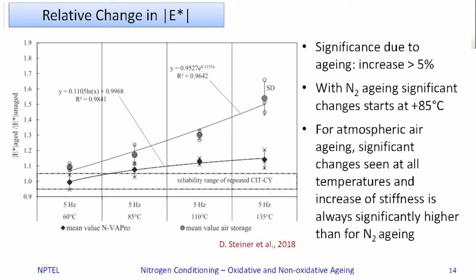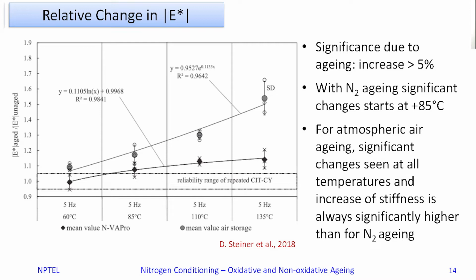So this figure shows the relative change in dynamic modulus, or the ratio of the dynamic modulus of the aged specimen to the unaged specimen. And here, the test conducted at 5 Hertz frequency is presented. You can see that the diamond-shaped bullets show the results of the specimens which are conditioned under nitrogen, and the circle bullet points indicate the test results for the specimens which were stored under air atmosphere.